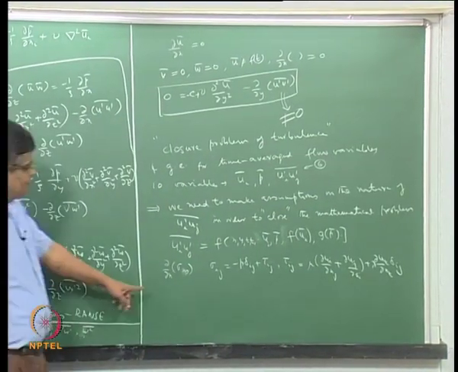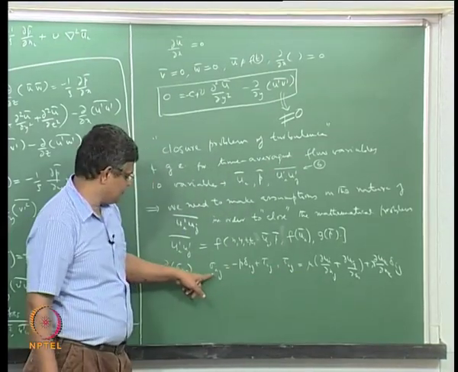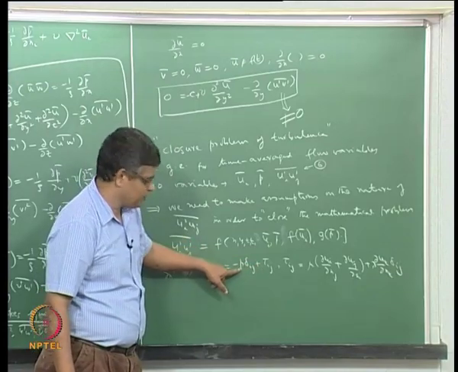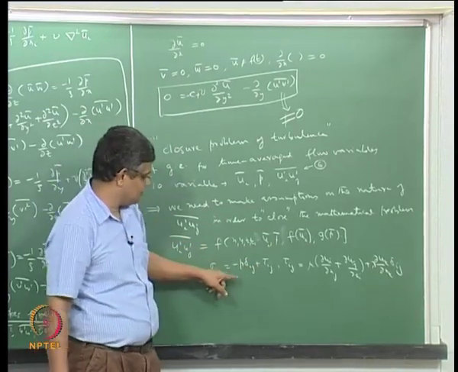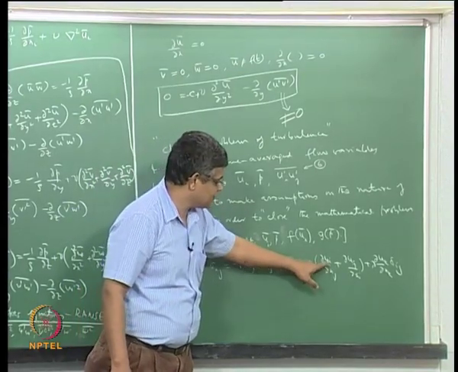So these expressions give us an expression for sigma ij in terms of known quantities, that is p here, which is being solved. This is a new variable that was introduced at that time, and gradients of the velocities.